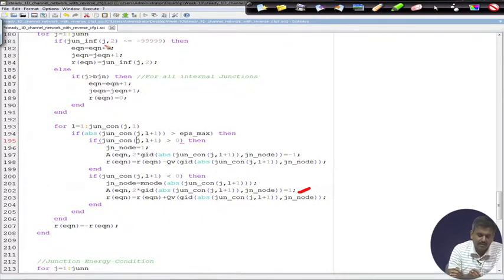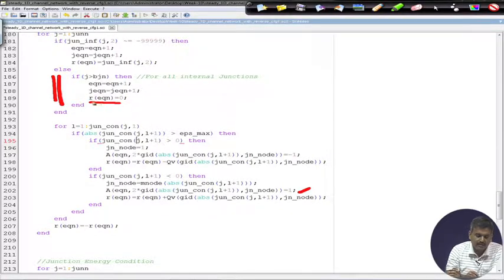Interesting part is that if this junction condition is not specified here, obviously J greater than Bjn, Bjn means number of boundary junctions. If J value crosses the boundary junctions, then we should start calculating the discharge condition for other nodes.